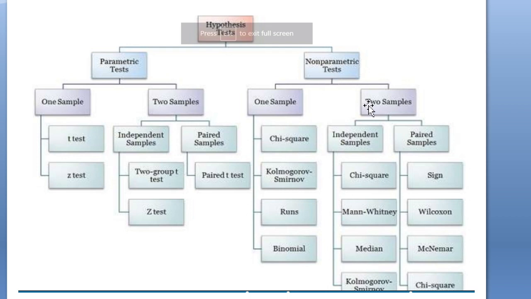If we are considering two independent samples, then we can use the chi-square test of independence of attributes, Mann-Whitney U test, median test, and Kolmogorov-Smirnov two sample test. And if the samples are not independent, that means they are paired samples, then the sign test, two sample sign test, Wilcoxon sign rank test, McNemar test, and chi-square test of goodness of fit can be used.